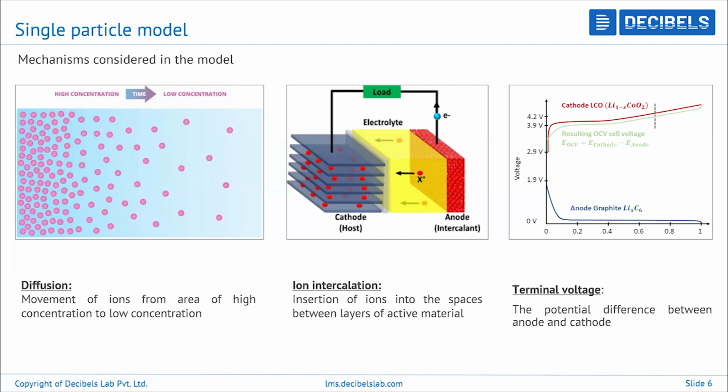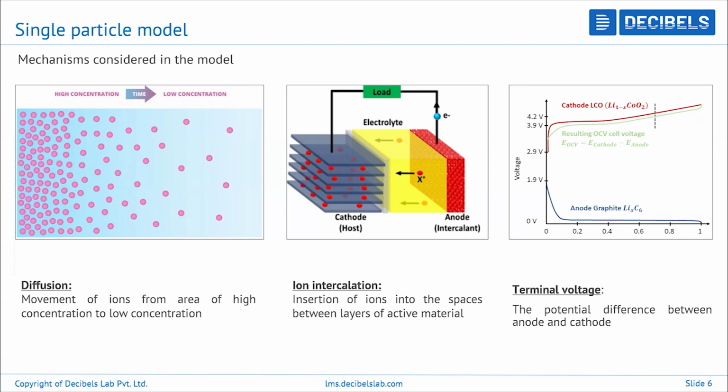Okay. Diffusion is a common chemical phenomenon which you can see in many solutions, whether liquid solutions or even solid solutions. You can see that there is movement of particles or ions from an area of very high concentration to an area of lower concentration. This picture over here represents that. Over time, ions naturally tend to move from high concentration to low concentration.